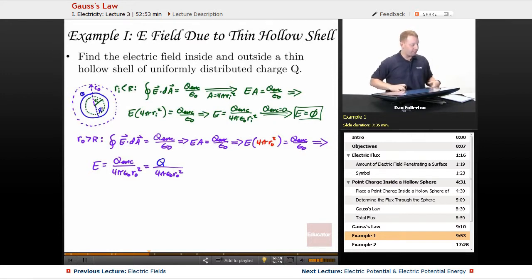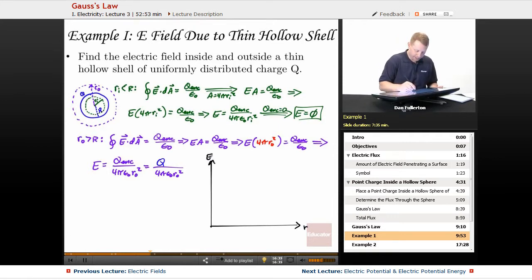But let's make a graph quickly of the electric field versus radius, just to help finish this one off. So there's our radius R. There's our electric field. Let's make this capital R. I'll write it in blue, just so it corresponds to our shell of charge here. There's the radius of our shell of charge.